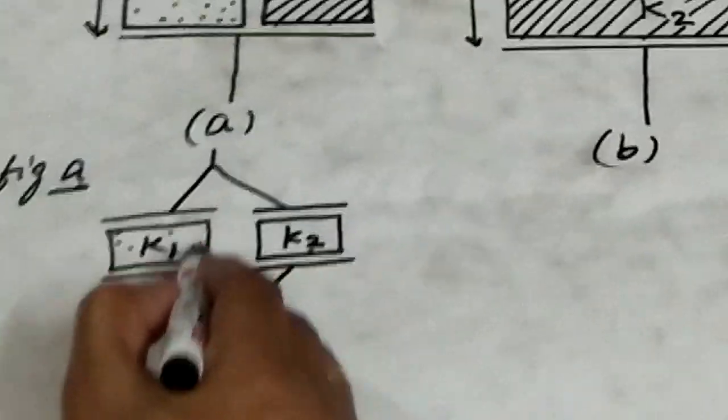Suppose the capacitance of this capacitor is C1 and this one is C2.